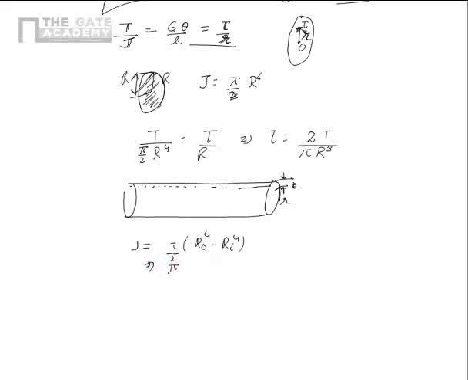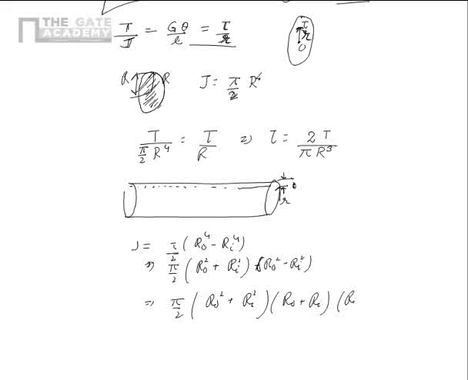It can be written like this, which can further be written like this. Now Ro minus Ri is the thickness.